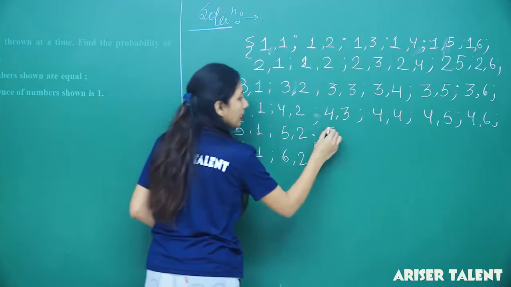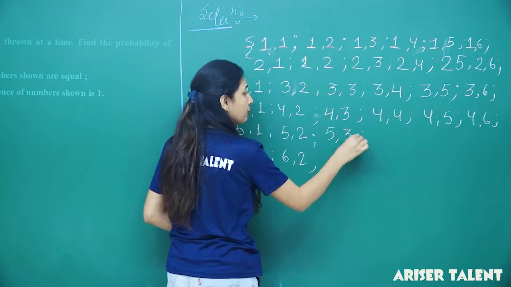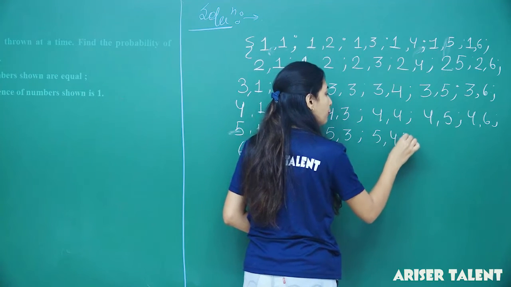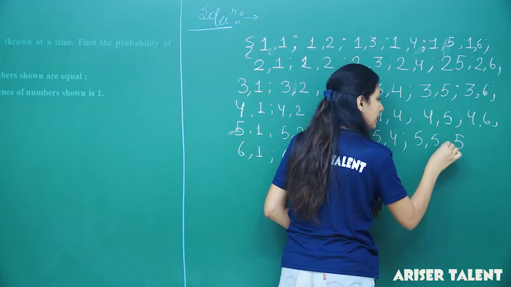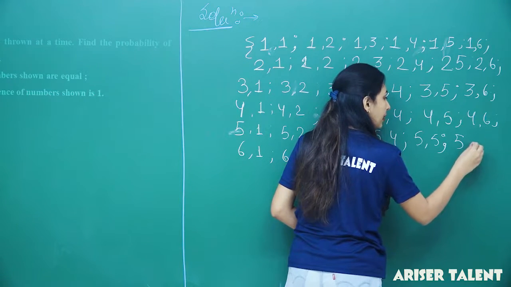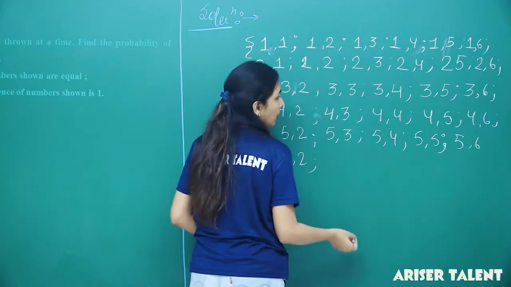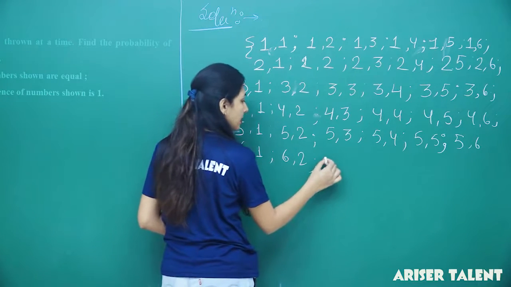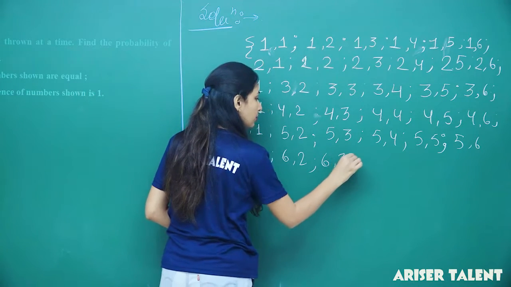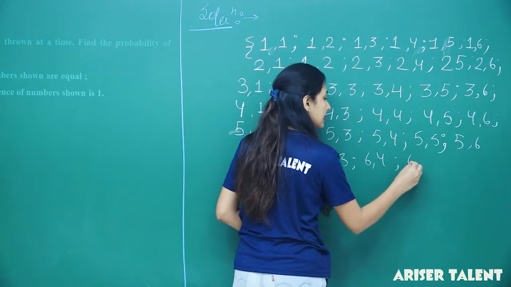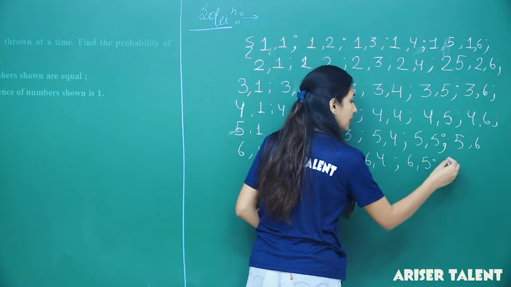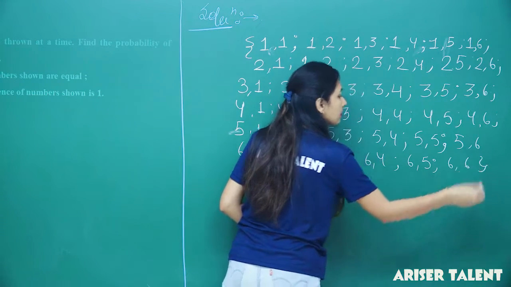Similarly 5,3; 5,4; 5,5 and 5,6. Now similarly 6,1; 6,2; 6,3; 6,4; 6,5 and 6,6.